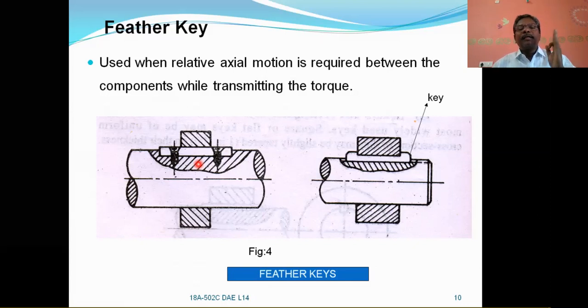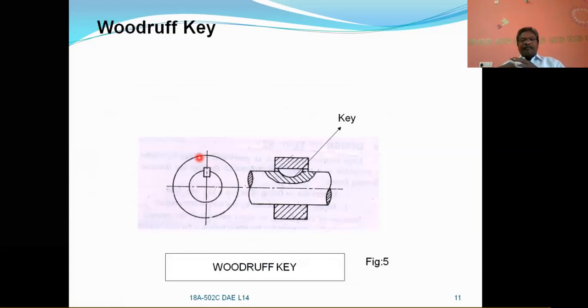This is used when relative axial motion is required. Right? This is all about the feather key. And the Woodruff key is simply a semicircular key, and it fits a corresponding keyway.